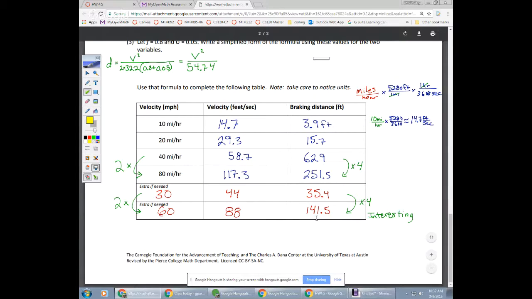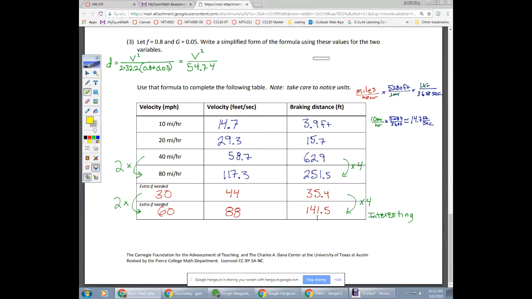What I want to try and do is go the other way. For example, here we got 250 feet. I'm wondering, what would the speed be of the vehicle if the braking distance had been 200 feet?